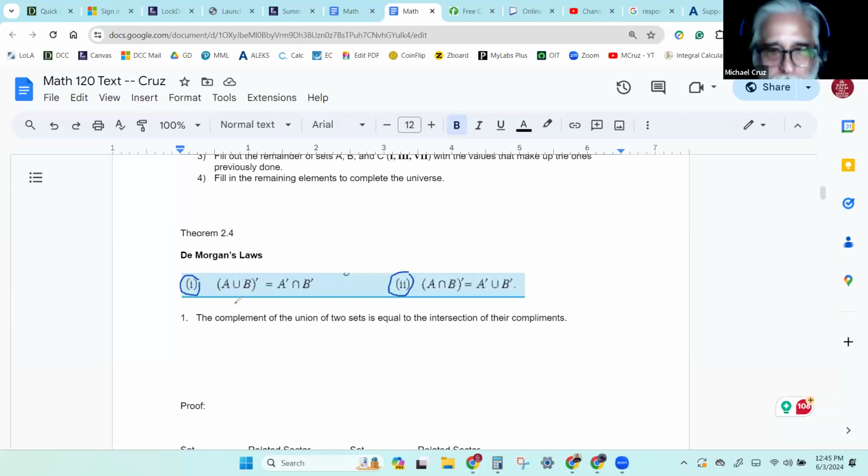Now, part 1 just simply says that the little line out there, since it's outside the parentheses, means A union B complement. In other words, find out what A union B is, then take its complement. That's what that's equal to. On the right-hand side, it's the complement of A intersected with the complement of B.